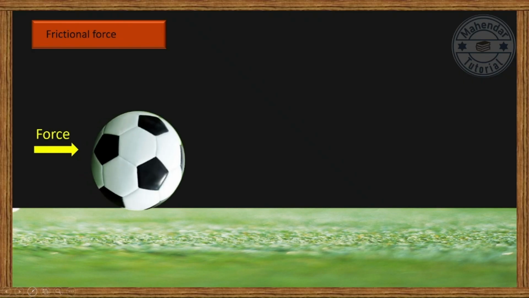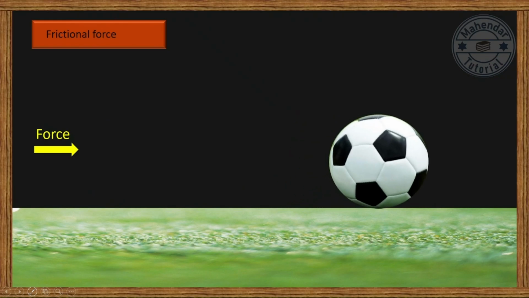Next, here there is a football and we will discuss frictional force. When some force is applied on the football, it moves forward and after some time it comes to rest. So who is stopping the ball here? The frictional force created between the surface and the ball.